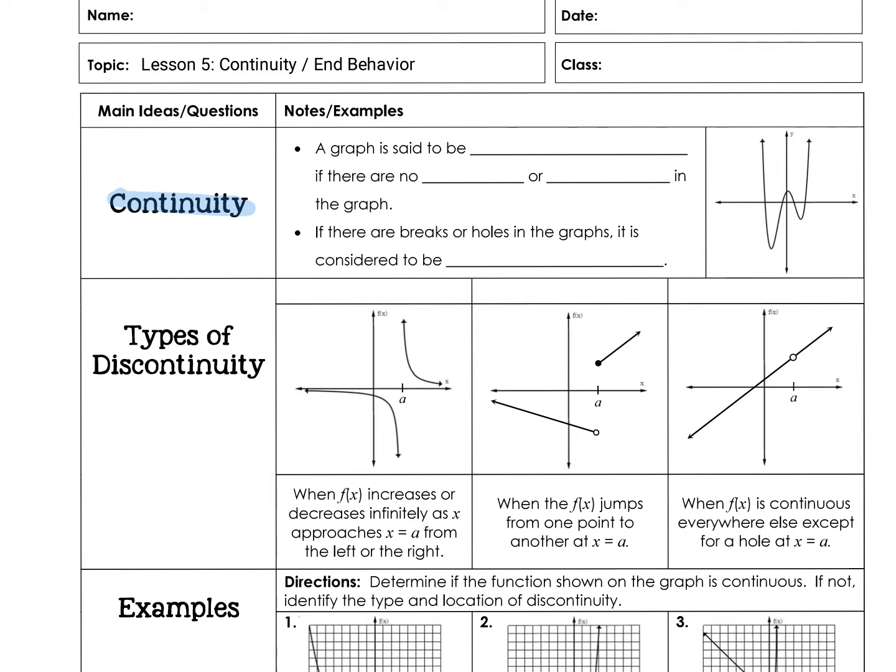So, if you look over here, a graph is said to be continuous if there are no breaks or holes in the graph.